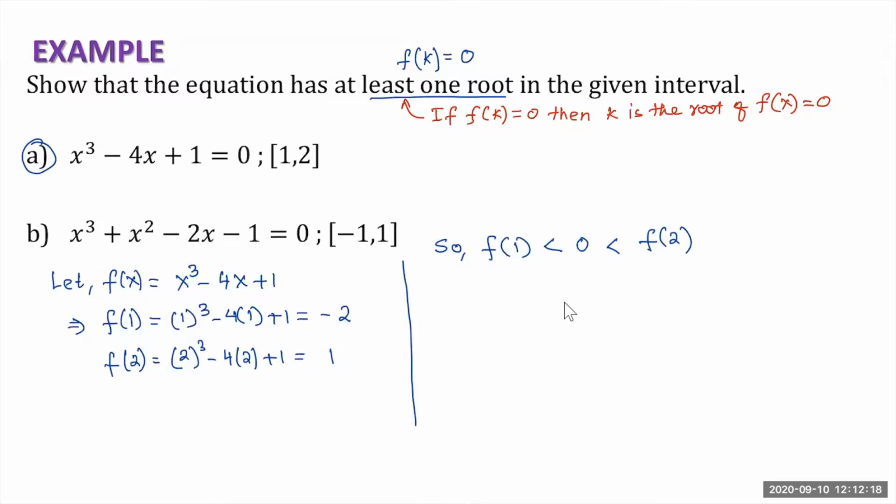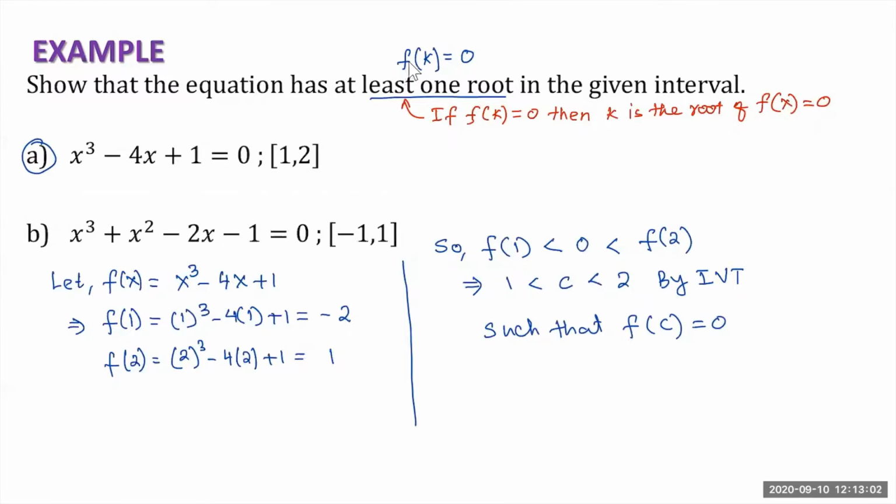Now if we use the intermediate value theorem, what we know is, if f of 1 is less than 0, which is less than f of 2, this is the value of the function at 1, this is the value of the function at c, and this is the value of the function at 2. By the intermediate value theorem, there is a c such that f of c is 0.